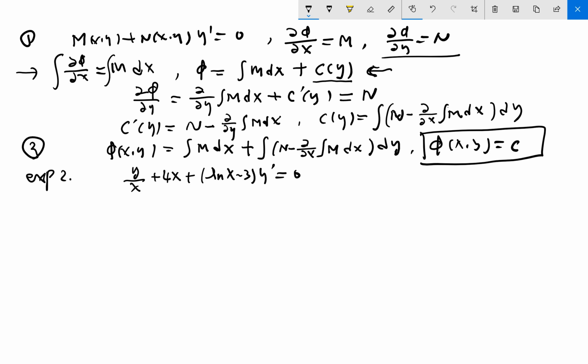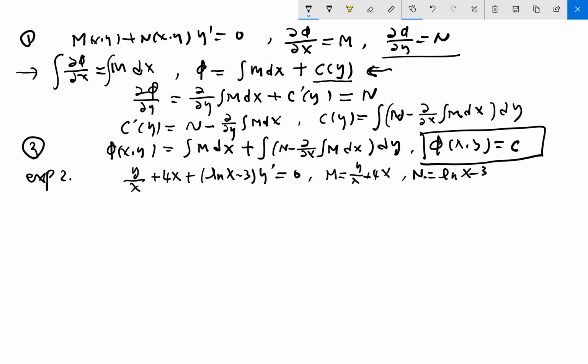I claim this equation is exact. So what do we need to do? Identify M and N. M here is y over x plus 4x, and N here is ln x minus 3.